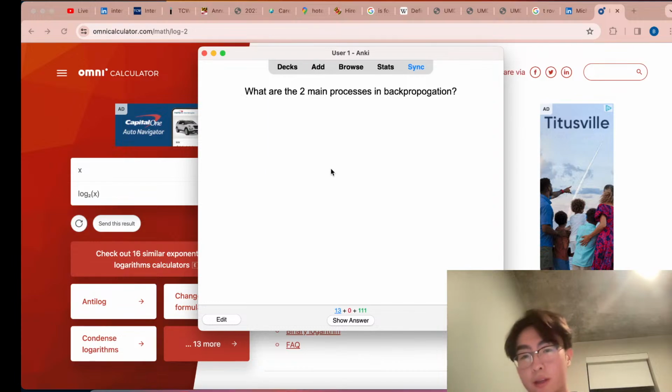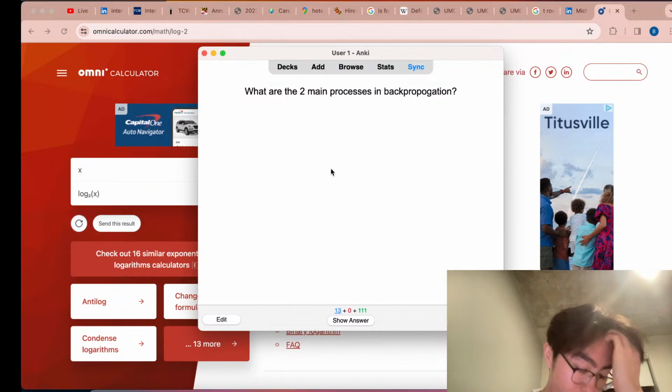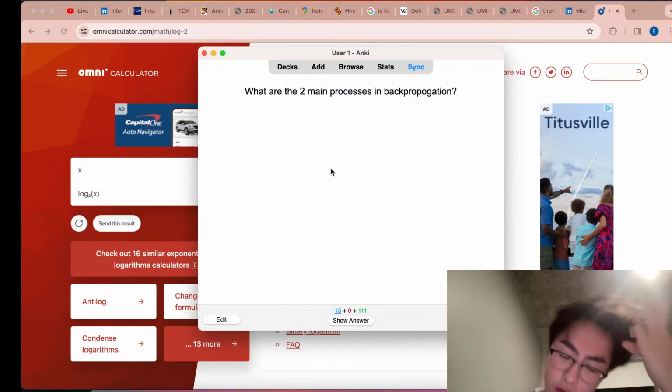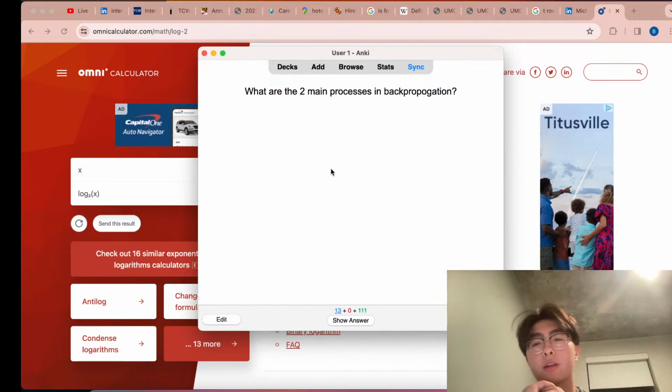Oh, back propagation. So this is a way to optimize our neural network. There's forward propagation and back propagation. So I think the main thing with back propagation is you need to find gradients for each of your hyperparameters.